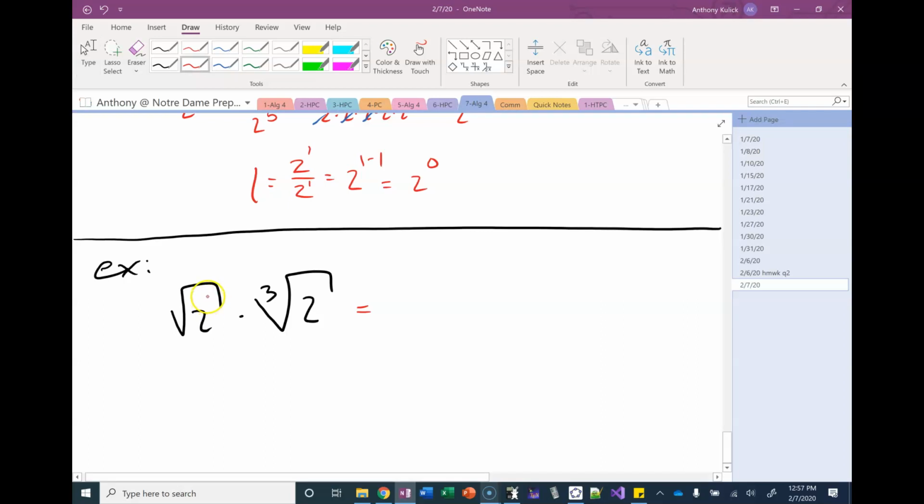Well, what's the exponent on the 2? It's 1. And what's the index on the radical? Since it's a square root, it's a 2. So that means I have 2 to the 1/2. This 2 is this 2, this 1 is this 1, and that 2 is that 2.